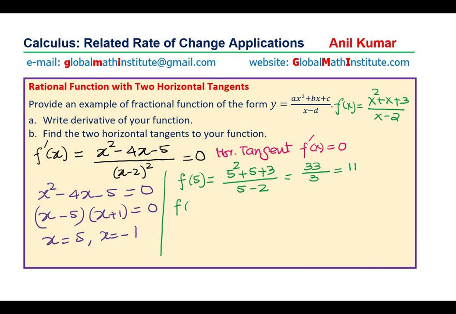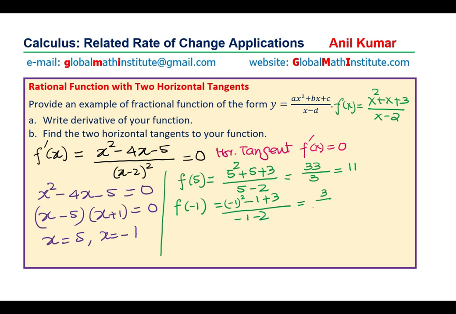And what is f of minus 1 equal to? So minus 1 square minus 1 plus 3 over minus 1 minus 2, which is 3 over minus 3. Let me do the correction.